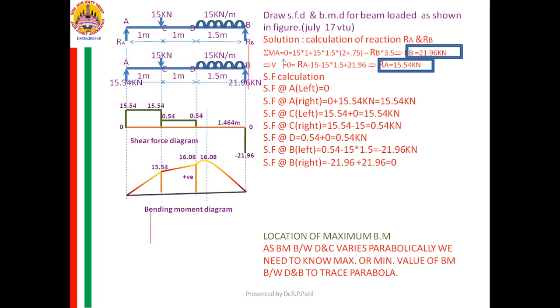From D, you are going to which point? Left of B or right of B? From D, you are reaching first the left of B, then the right of B. Therefore, left of B, what is the value there?